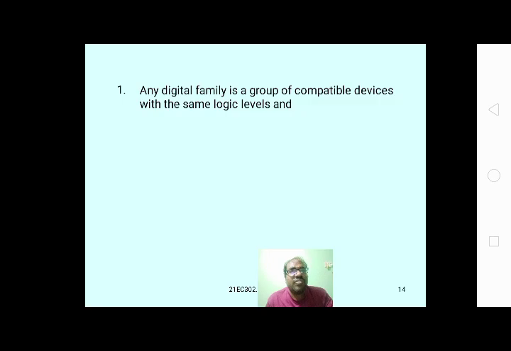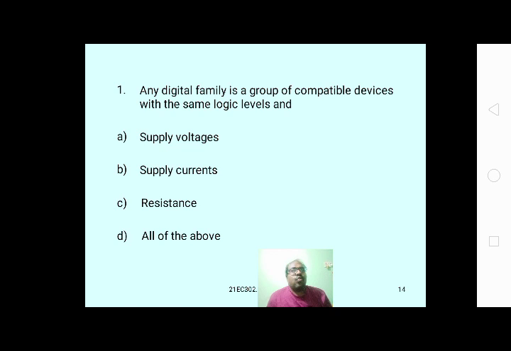Now we are going for a quiz. Any digital family is a group of compatible devices with the same logic levels and supply voltages.